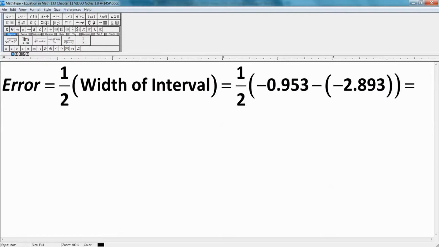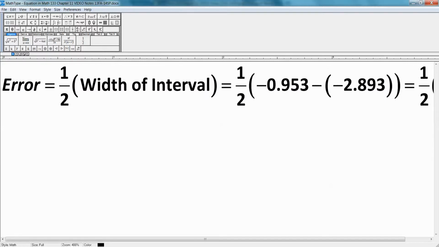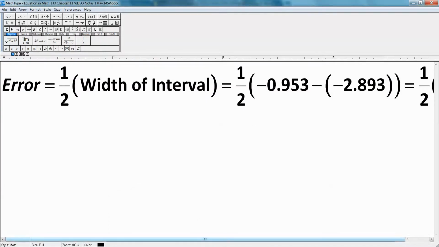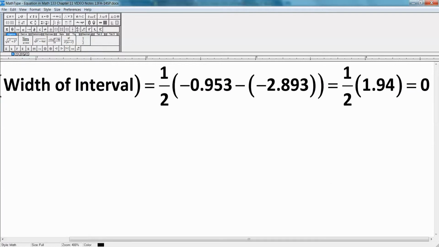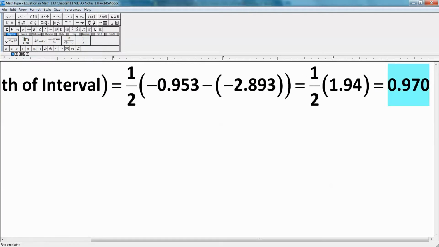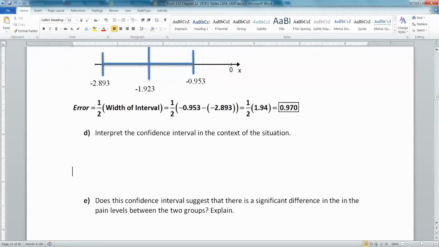So this is equal to a half times 1.94, which is equal to 0.97. That's my error, the interval's error. All right, done with that.